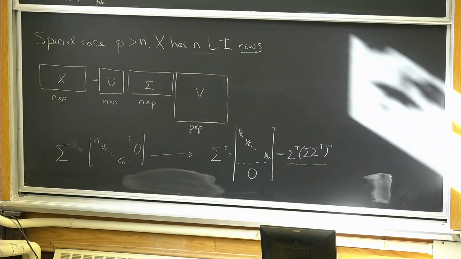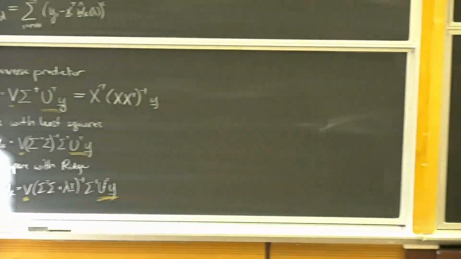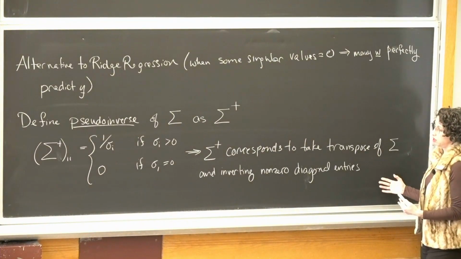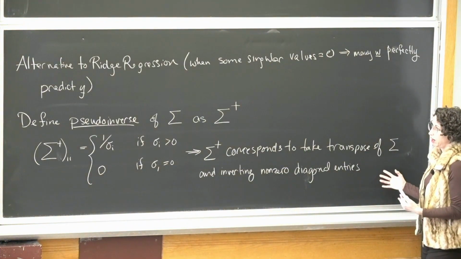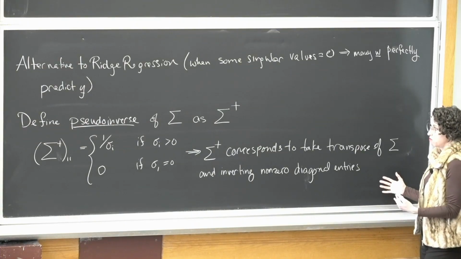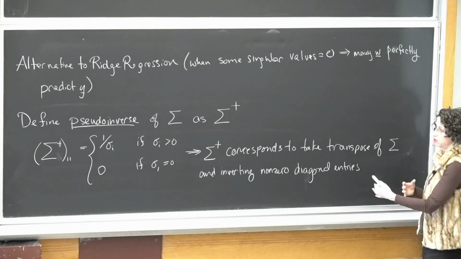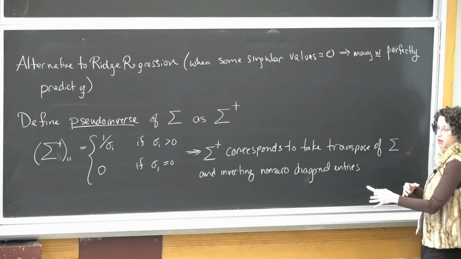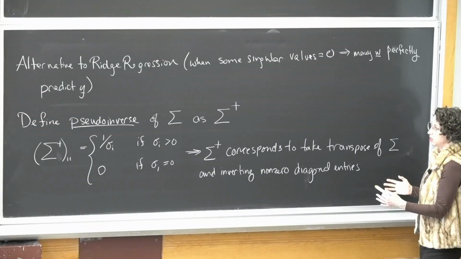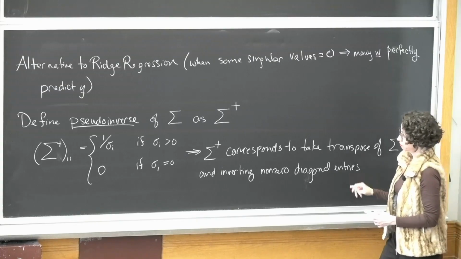And personally, I find it most intuitive and general to think about it like this, to think about inverting the non-zero singular values and taking the transpose. And I can do that for a singular value matrix regardless of the dimension, how many rows it has versus how many columns, and regardless of how many singular values are 0 versus non-zero. So this I can always do.